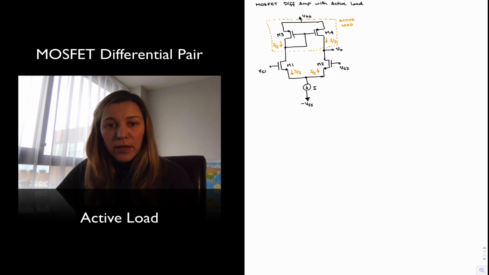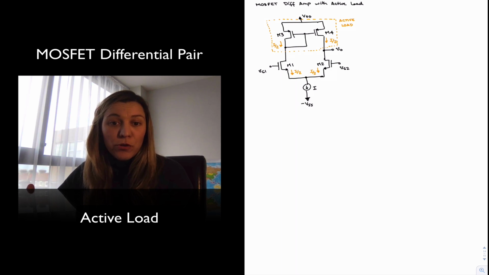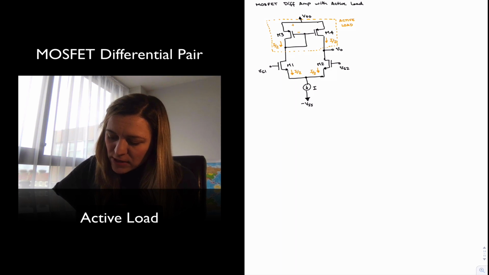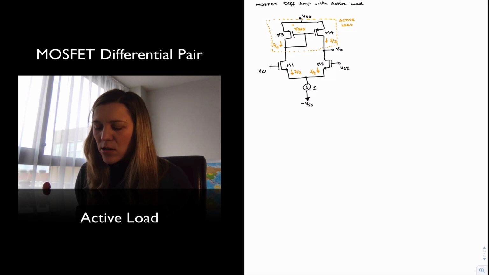Notice that the current I/2 that I'm forcing through M3 and M4 is going to produce a source to gate voltage, VSG. I'm going to call that VSG3, just to keep things positive, otherwise it could be a negative value of VGS.